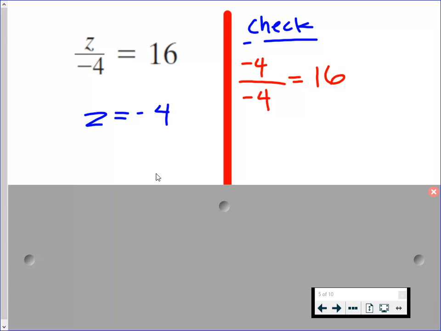What's the problem? -4 divided by -4 is 1. And the last time I checked, 1 and 16 do not balance out my triple beam balance. They are not equal to each other. I got a little too confident in myself trying to do all of this in my head. Turns out I divided in my head because I was feeling so confident, but I wasn't actually supposed to divide anything. I was supposed to be multiplying on both sides.